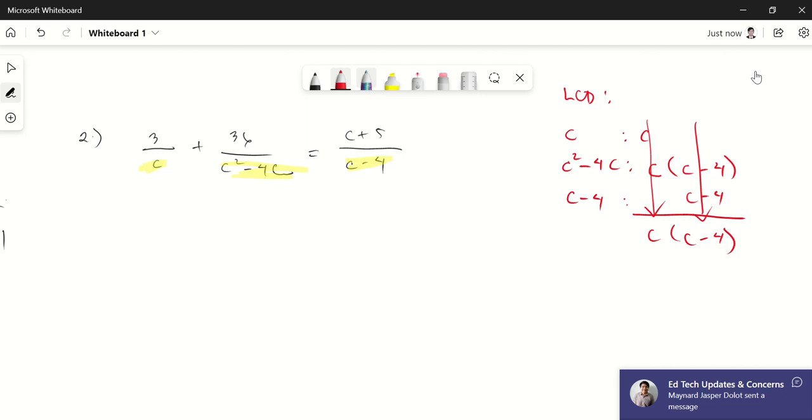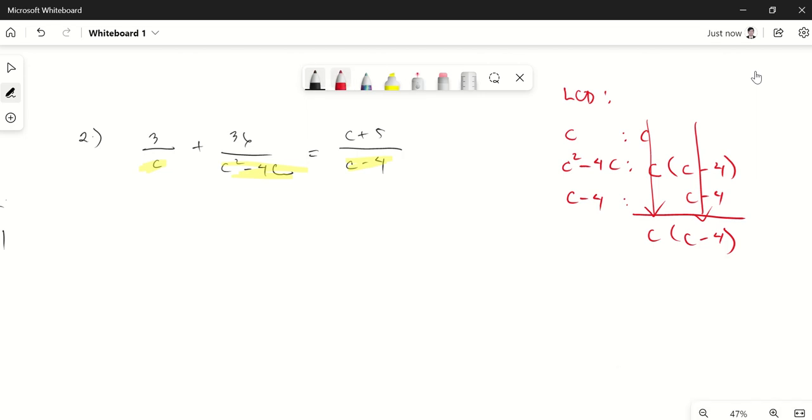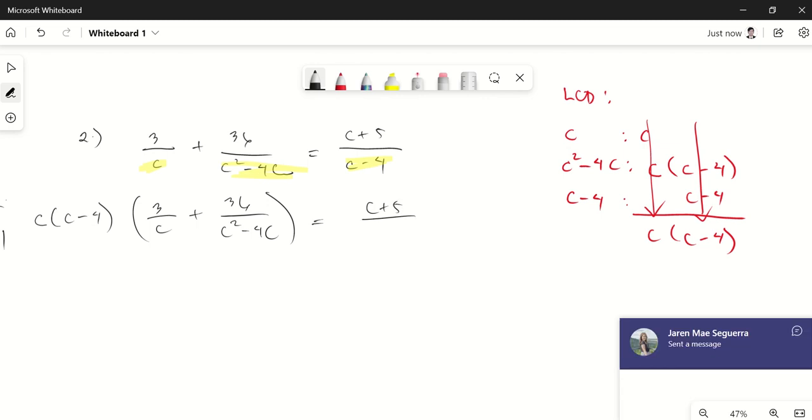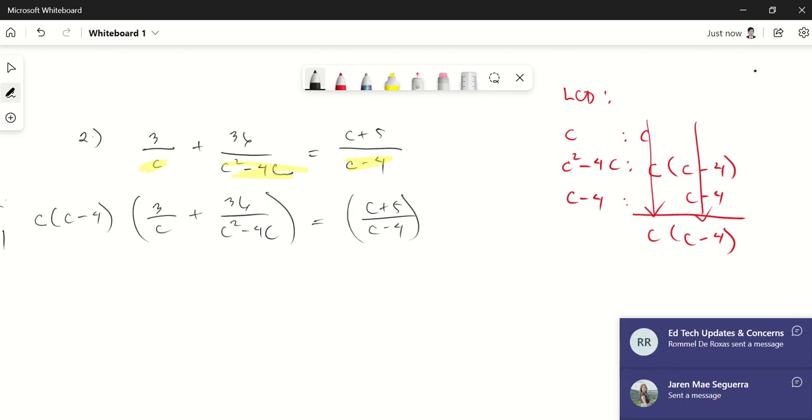So this is now the LCD, and you need to multiply the LCD on both sides of the equation. Enclose the left-hand side of the equation with a parenthesis, and you have c times the quantity of c minus 4. Then on the right-hand side of the equation, you multiply it with the LCD as well.